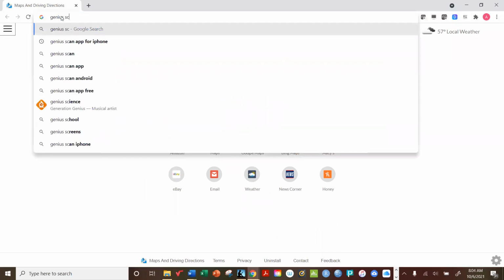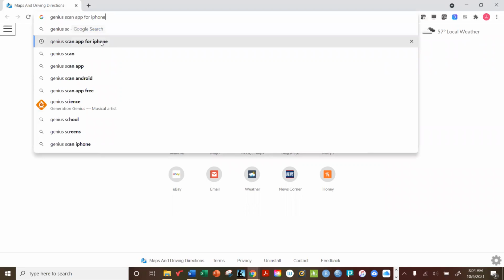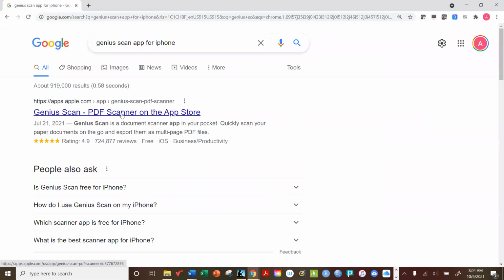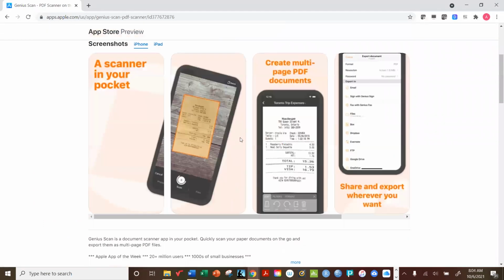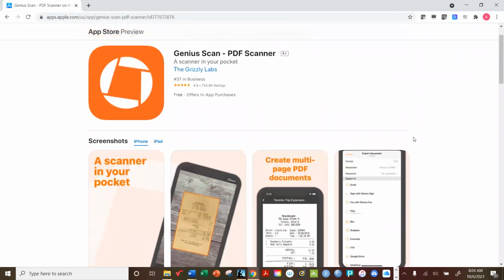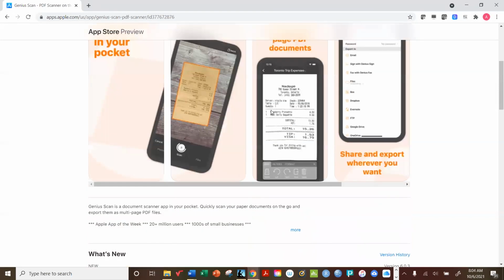There's one in particular, this thing called Genius Scan, which a lot of people have told me they had good success with. And so if you download this app on your iPhone, apparently all you have to do is hold your phone over the document and it turns it into a PDF file, which looks very clear and it's easy to read. And then you can just email it back to me.